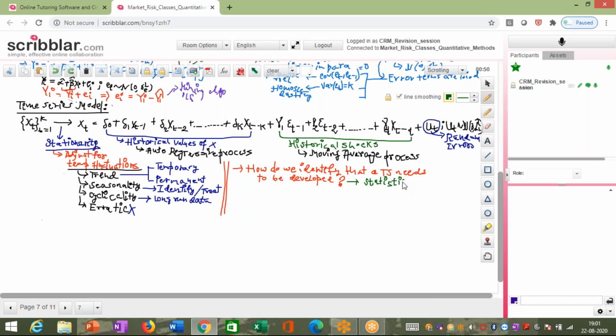once we have identified this exercise, the next question is whether the time series is stationary. That's where the next question comes in: how do we identify stationarity?